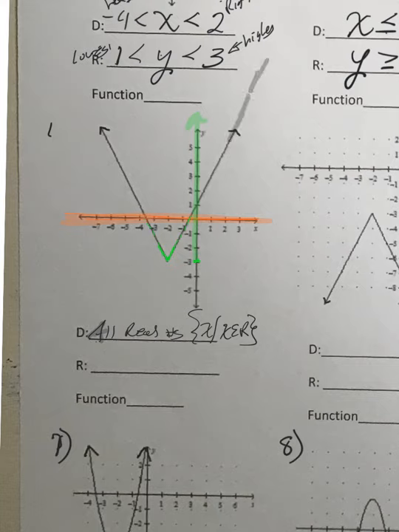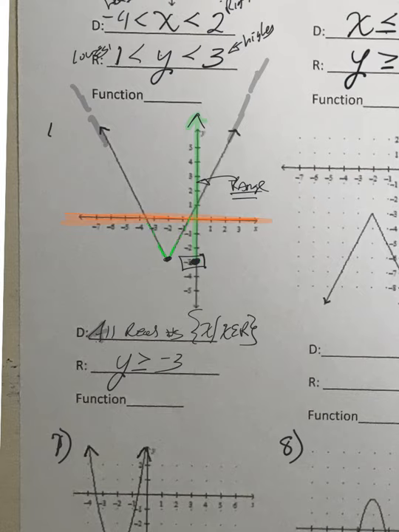I'm going to emphasize that we include what we call the vertex as part of the graph. So basically we have to describe all the y values that are above -3. So all the numbers that are above -3, wouldn't that be y is greater than or equal to -3?